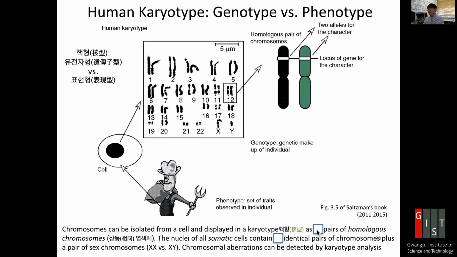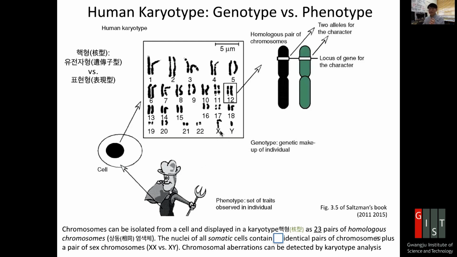So this karyotype has 23 pairs of homologous chromosomes in the nuclei of all these somatic cells. Somatic cell means the cells in our body, in comparison with the germline cell, which comes from our sex cells. The nuclei of all somatic cells will contain, you can see, 22 identical pairs, while the sex chromosome in this case is a male, so it's XY.